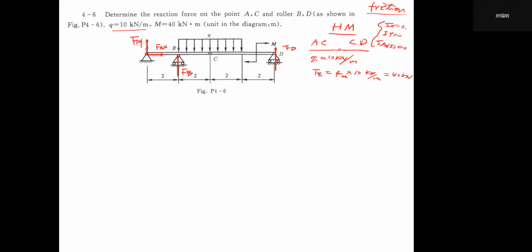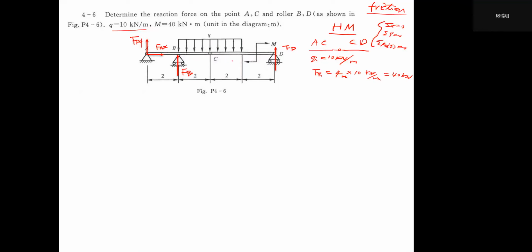So we can only solve three unknowns. You can count by yourself: 1, 2, 3, 4, right? We have four unknowns, so we cannot select the whole object to start, because we only have three equations.